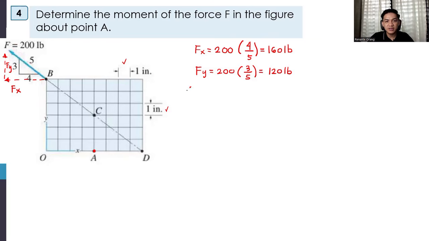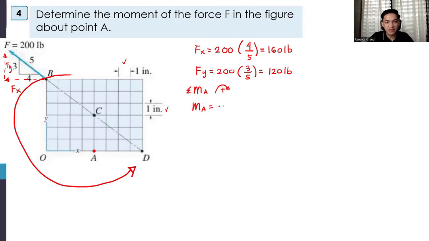So proceed po tayo. Summation of moment at point A where all clockwise forces are positive. So, MA natin is equivalent to, unahin natin si Fx. Tingnan natin kung positive ba siya o negative. So, papaikutin natin siya sa ating point A. So, as you can see, yung kanyang direction is counterclockwise.